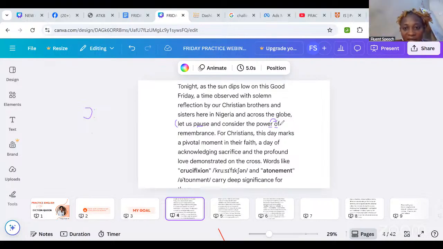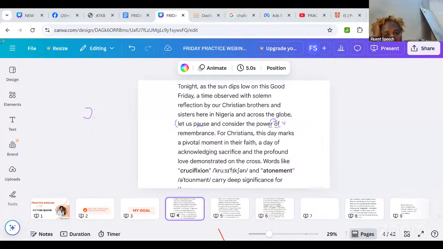Also, the F here sounds like V. Power of, not "power of". Power of remembrance. So let's take it again. Let us pause and consider the power of remembrance.